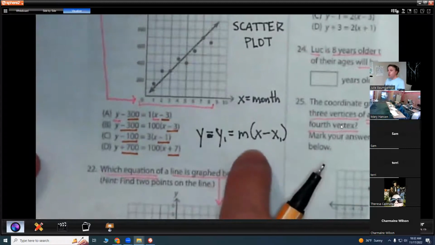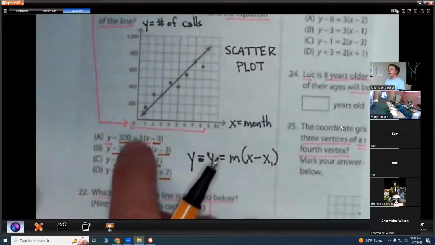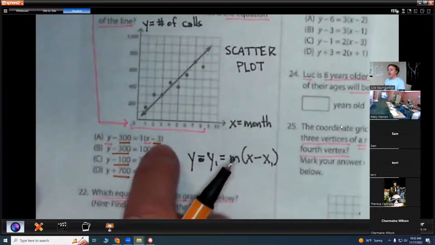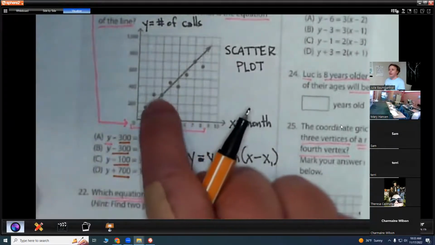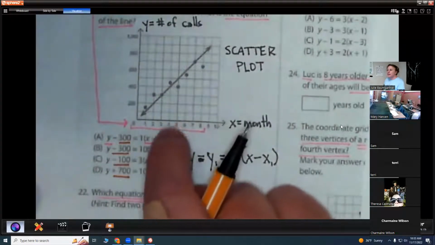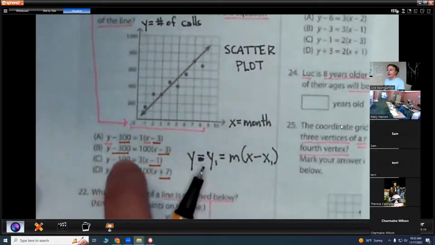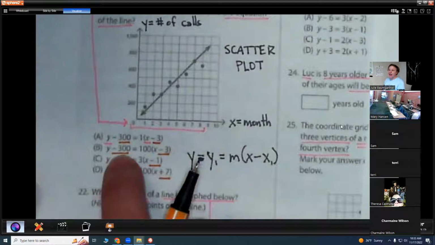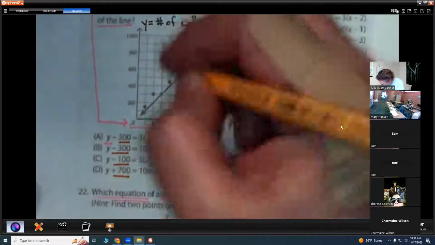This is the form that our answer is taking. And so is there a point at positive 3, 300? Yes. Positive 3, so we're looking at this point right here. And so choices A and B give us that point here.